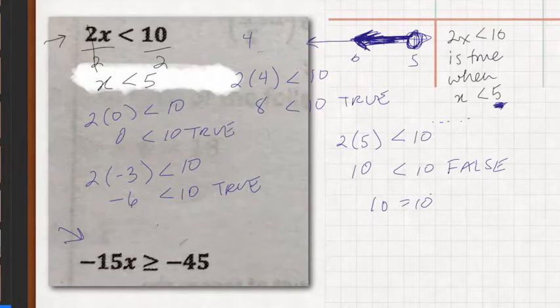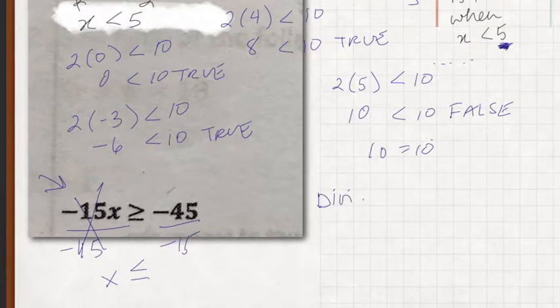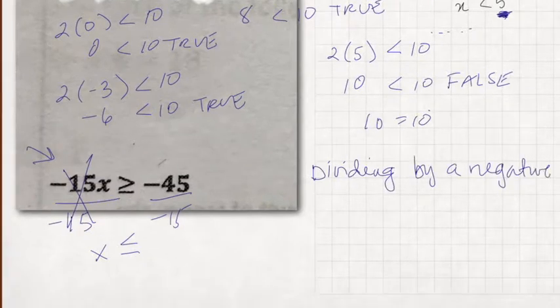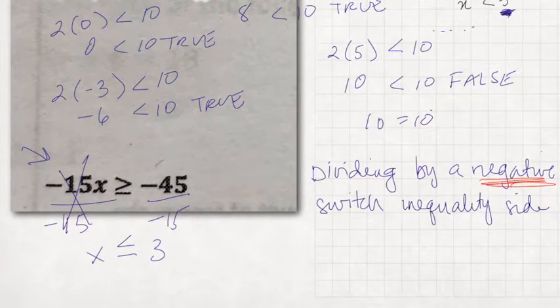So let's go ahead and try this second inequality right here. This one's a little bit different because it has that equal sign. We're going to divide each side by negative 15. When you do that, you're going to switch the sign, because anytime you are dividing by a negative integer, you have to switch the inequality sign. So 45 divided by 15 is going to give me a positive 3.